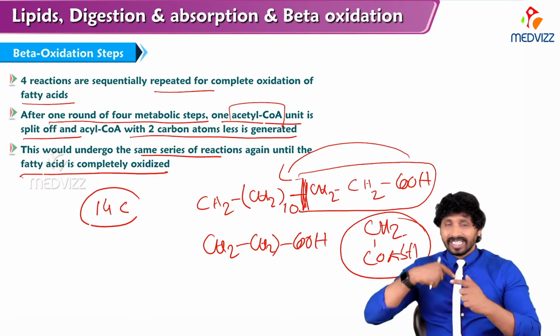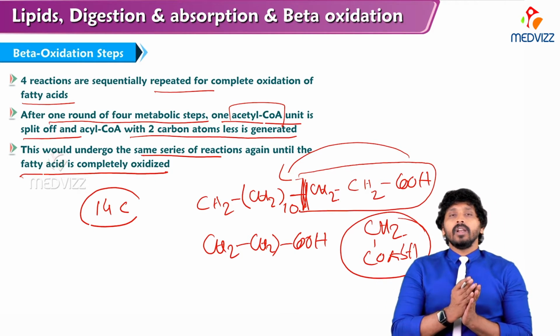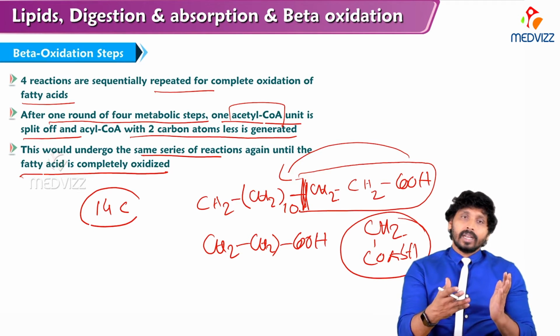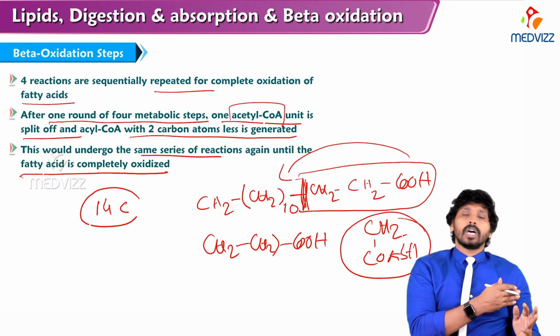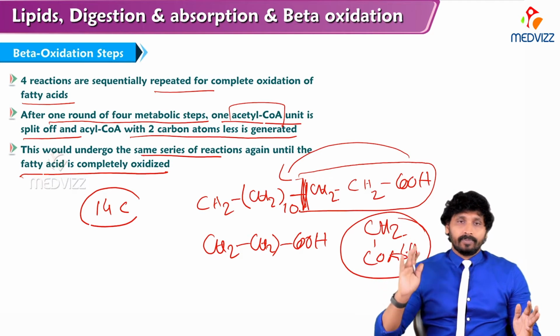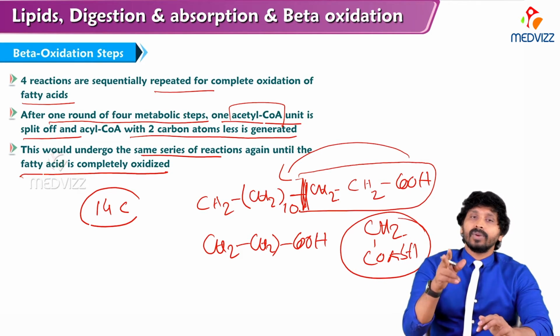It is a cycle. In the first cycle, out of 14 carbons, 2 carbons are removed. So 12 left. Again one more cycle, so 2 more carbons, now 10. So like that, until the last 2 carbons are liberated, this cycle keeps on going. Right. So finally, at the final step, you will get 2 acetyl-CoA instead of acyl-CoA.